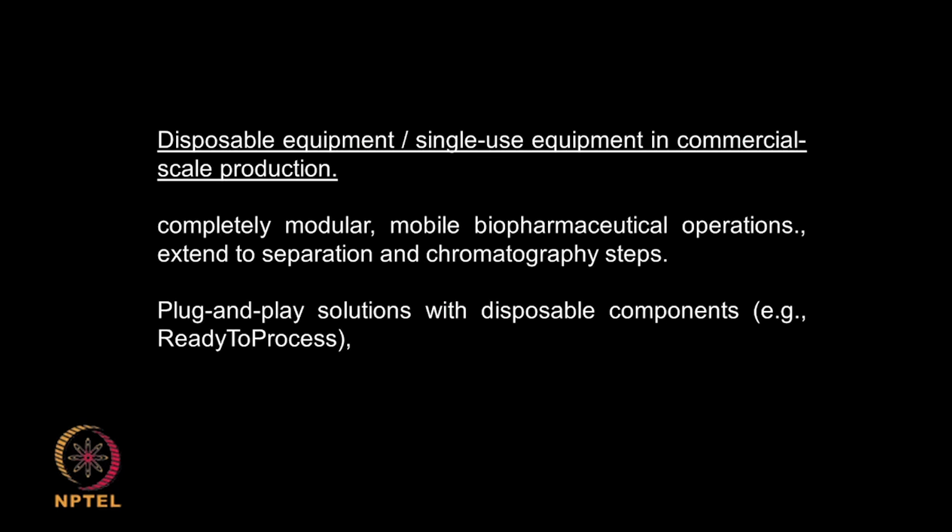They are going to take over soon, and they are going to have a lot of advantages because I do not have to think about sterilizing every time or about cross contamination. So use once and throw them, but the cost is still high. So the cost of those disposable equipments needs to be reduced further and further, and that is where the future is going to happen. Modular, mobile. So these are going to be some keywords in downstream.